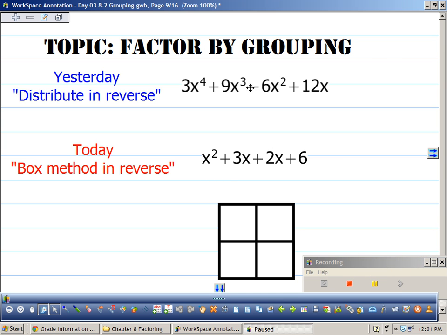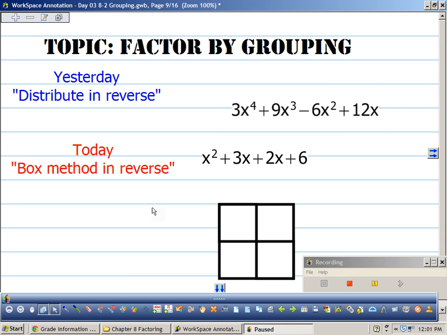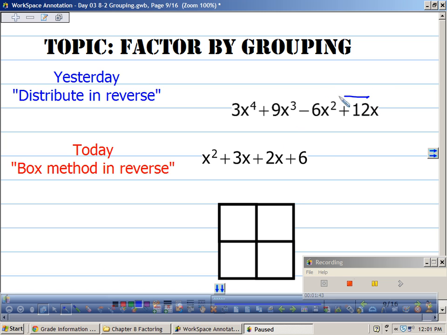Okay, so let's begin with what we did yesterday. Yesterday we distributed in reverse. Distributing in reverse is the same thing as factoring out or dividing, right? So let's factor out or find our greatest common factors of all of these. What does 3x to the fourth, 9x cubed, negative 6x squared, and positive 12x all have in common?